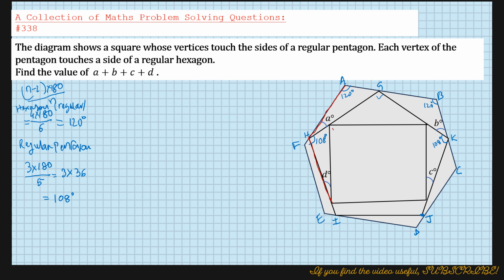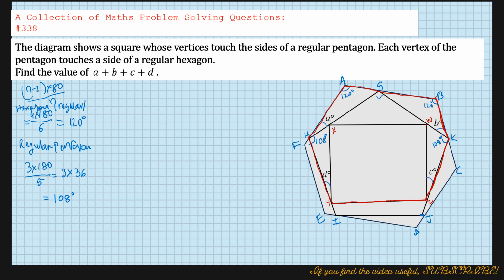If this was X, and if this was Y, and if this was Z, and this point was W. So I joined AH, HY, and then YZ, and then ZK, and then KB, and finally BA, passing through the point G. So you see A, B, K, Z, Y, H is a hexagon, 6 sides. It's not regular, but it's a hexagon.